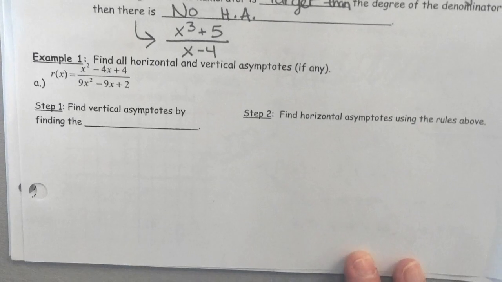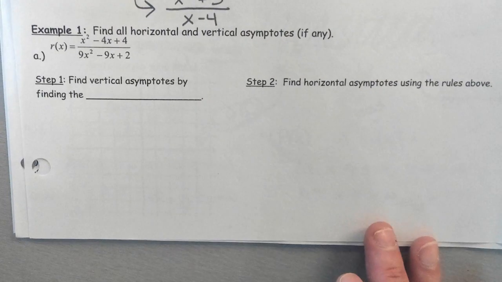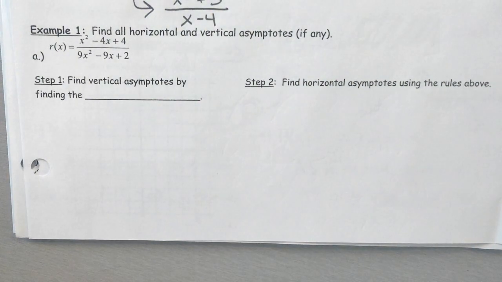I could give you a lovely rational function, like we have here, and I could say, find the vertical asymptotes. So how are we going to do that? When do I have vertical asymptotes? What has to be 0 for me to get a vertical asymptote?